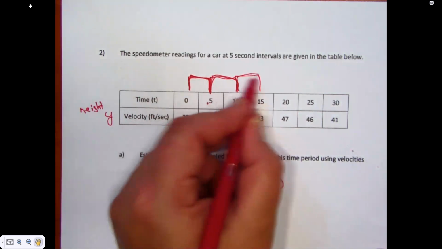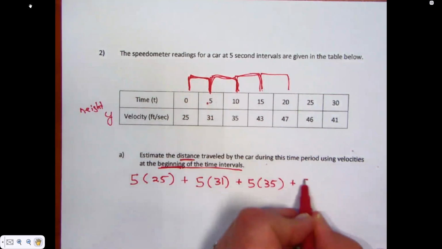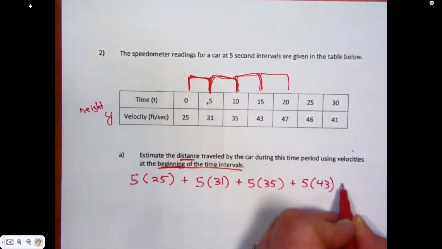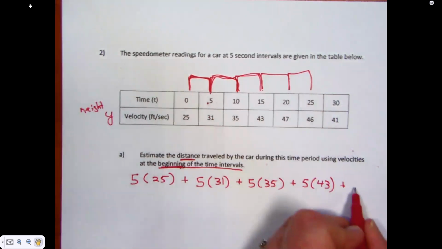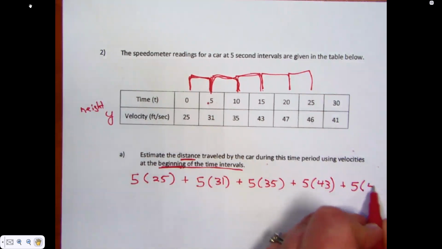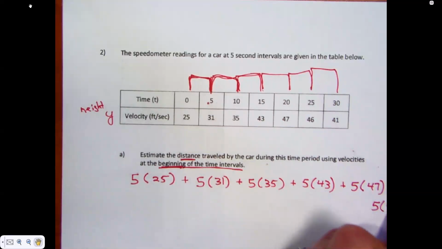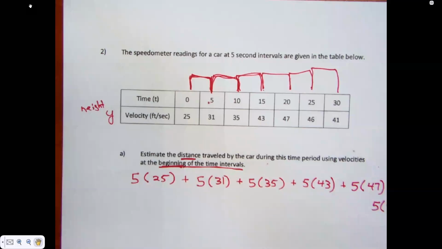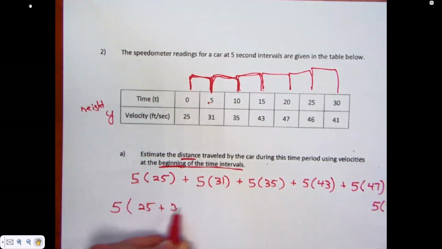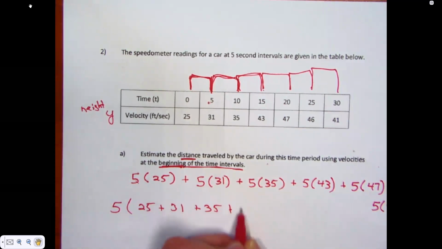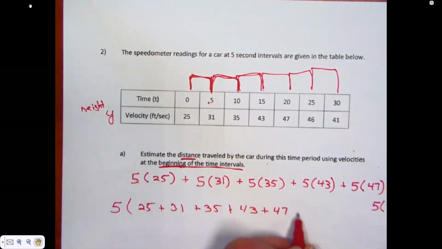Did I already draw this one? This one here is going to be 5 and 43. This one here is 5 and 47. And my last one is 5 and 46. Or remember, you could multiply them out, or you could factor out the 5 and just do 25 plus 31 plus 35 plus 43 plus 47 plus 46.